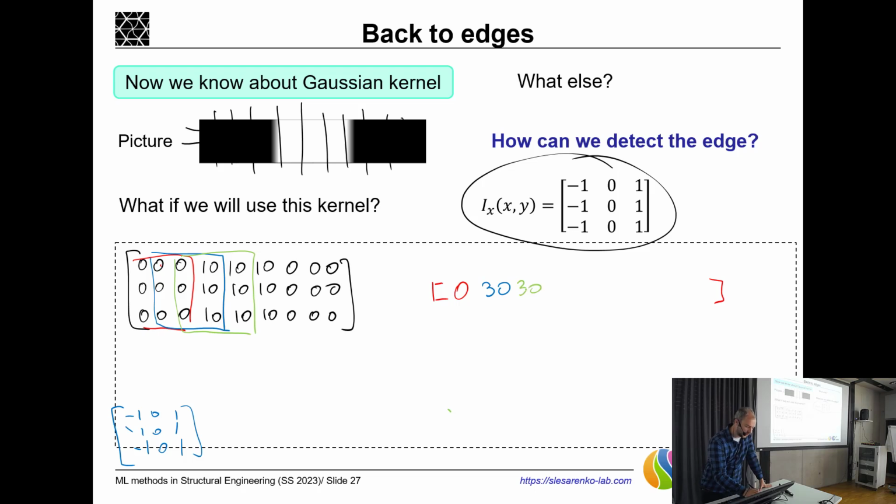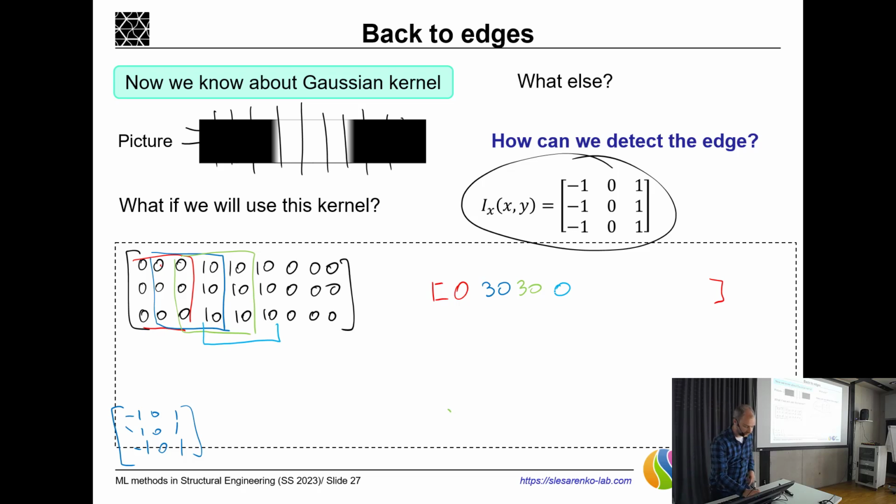But now the interesting part actually happens. I will look at this. What would I have? If I convolve this 10, 10, 10 with this kernel, it will be 0, because we have a -1 multiplied by 10, and on the right side we have 1 multiplied by 10. So we actually have 0.